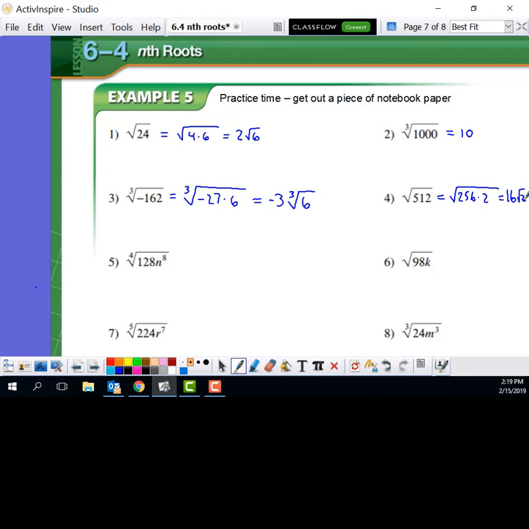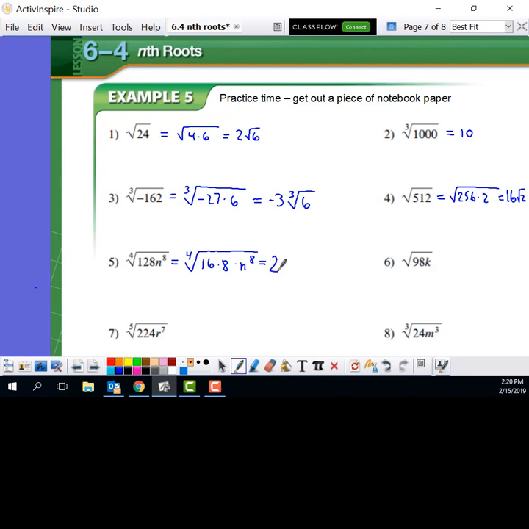Okay, so number 5, I did the same thing, but instead of looking at square roots, because my index is 4, I was looking at numbers to the 4th power. On number 5, I got 16 times 8 is 128 times n to the 8th. 16 is 2 to the 4th, so 16 comes out as a 2.